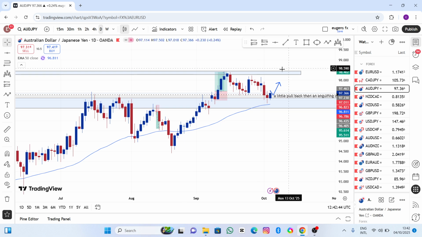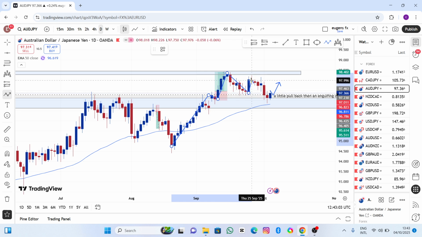You can see, it's actually bearish. Let me show you why. Where's my line chart? Higher low, higher high, higher low, higher high. So the daily actually is still bullish.